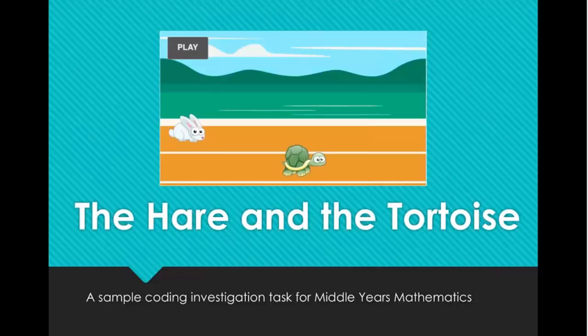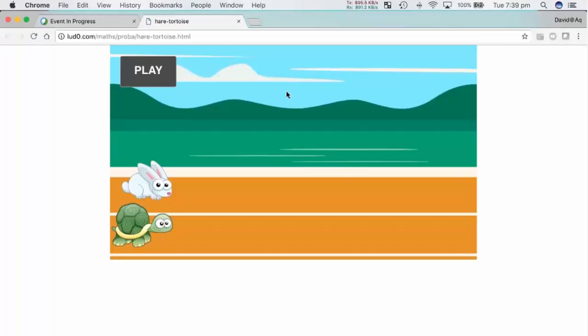So I think you can see this Hare and Tortoise task, which is based on a simulation of a race. Yep. And just because it's fun, I think I'm going to show you what it looks like. So the basic story in the race is that the hare and the tortoise are racing, and if you roll a die, a six-sided die, and the score is a 6, the hare advances 6 steps and wins the race.